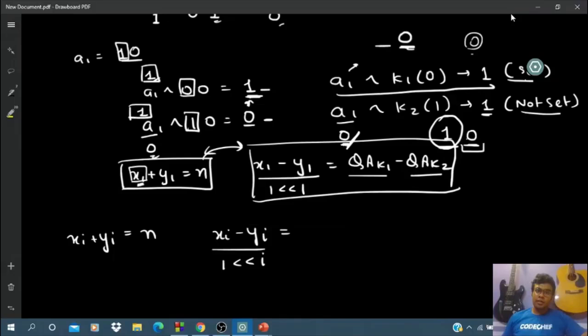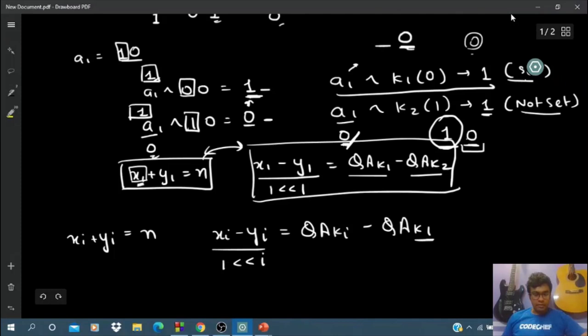And since we're only concerned about whether this number is odd or even, we only have to talk about this bit, and we have to remove all of the bits that were before it, because they're already 0. We can easily remove them and check whether this number is odd or even, and we'll get this value, and this value will be equal to QA ki minus QA k1.